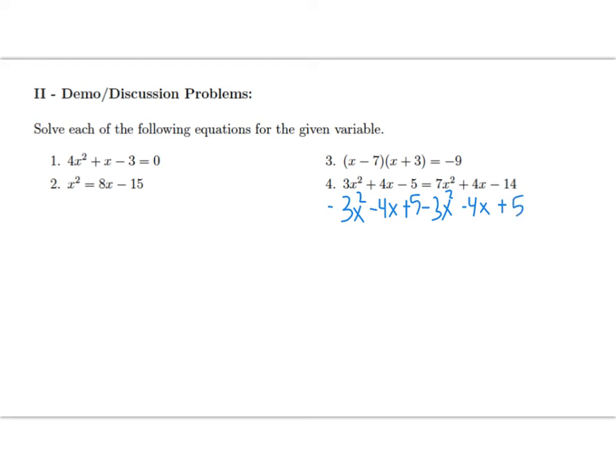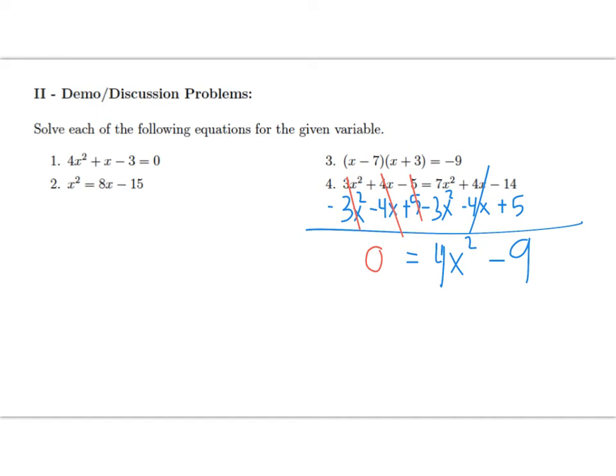Whatever I do to one side, I'm doing to the other side to get the entire left-hand side to make 0. And now I'll combine my terms. I have 4x squareds remaining. Oh, it's kind of interesting. The x terms cancel, and we have minus 9.